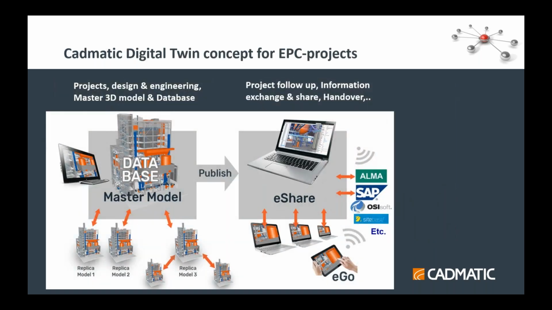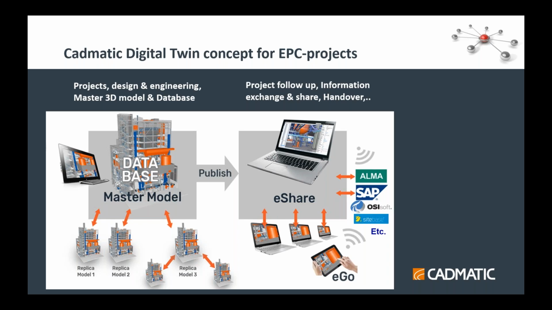Some words first about the Catmatic digital twin concept. As you notice here, this is all about plant design and industrial process design, not about marine design, but the basic functionalities of eShare work on both sides. But in the project, there are the design tools where you have the master data model, the master information model, which might be one design and engineering solution like Catmatic or several ones.